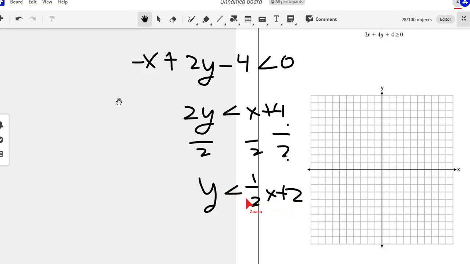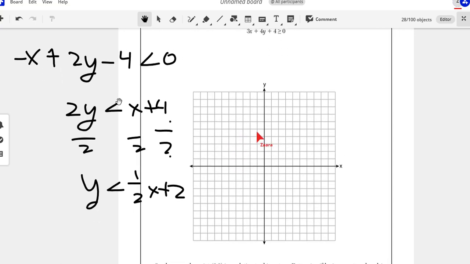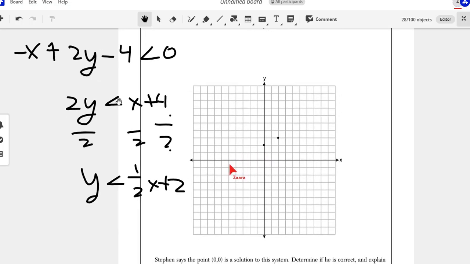Okay, excellent. So right here, like this. Okay, this is correct.